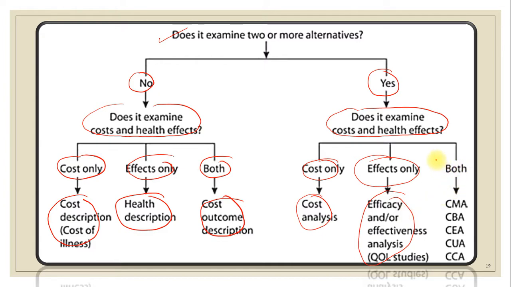And if it examines both, cost and effects, then we have various different methodologies which we have earlier listed, that is CMA, CBA, CEA, CUA, and CCA. We are going to study them in detail in the next few slides.